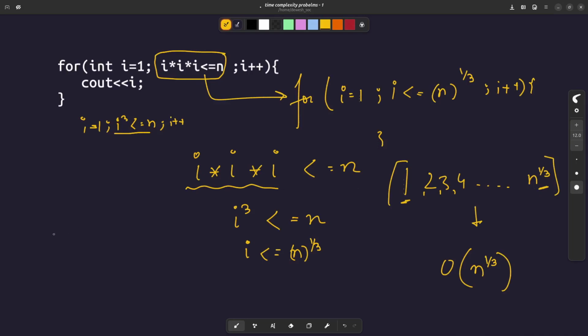How many terms will there be? If it is 1, 2, 3, 4, 5, then there are 5 terms. So if it is 1, 2, 3, dot dot dot x, then there will be x terms. So 1, 2, 3, 4, dot dot dot, up to n to the power 1/2. So there are n to the power 1/2 terms. Put this inside your big O notation. That's it. This is the answer.